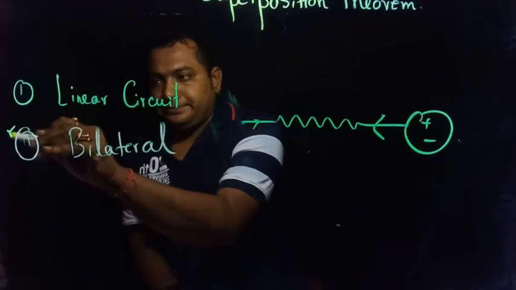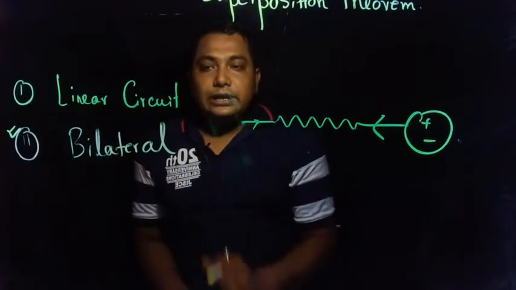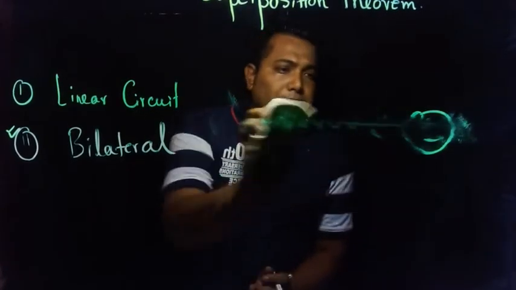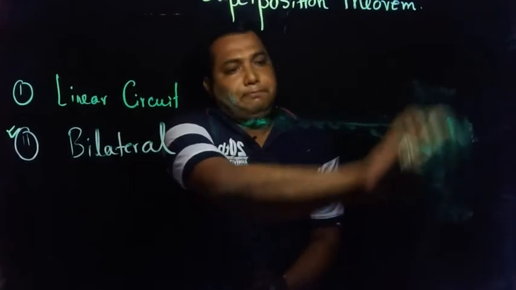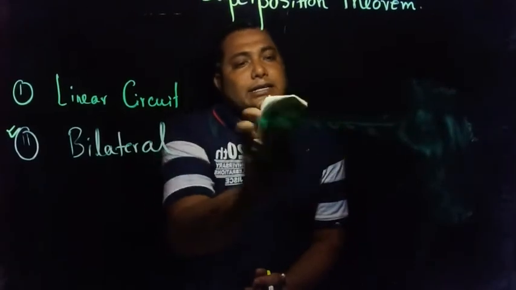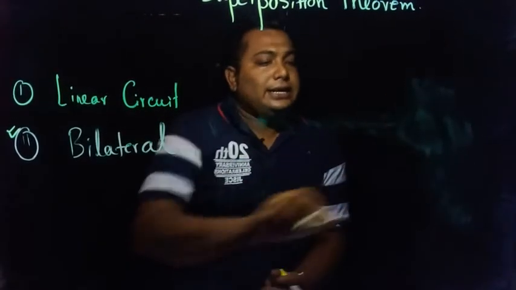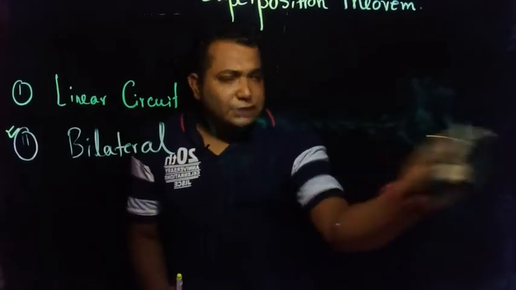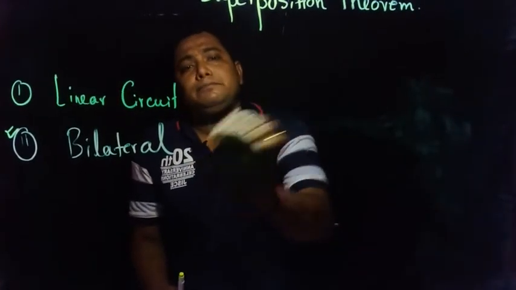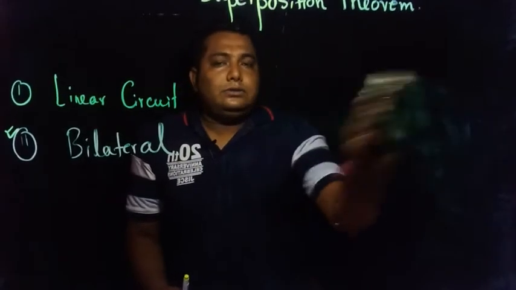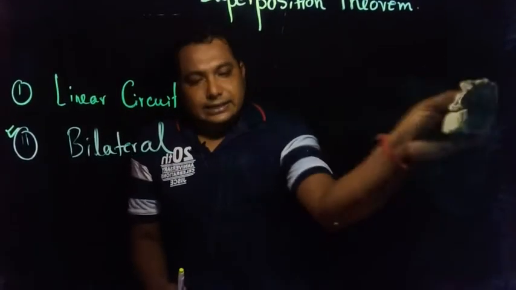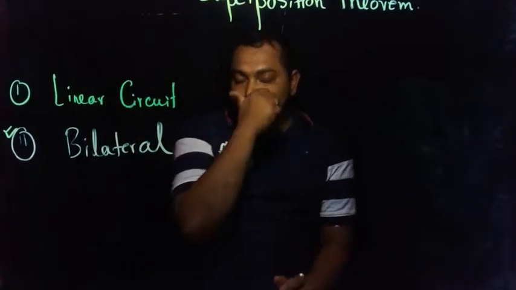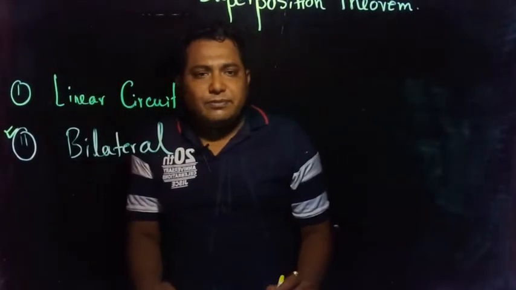Next point is the linear circuit. What is a linear circuit? To understand this, first we have to understand what a linear element is. As per definition, an element which has a linear VI characteristic is known as a linear element.